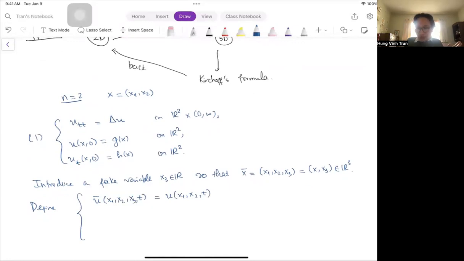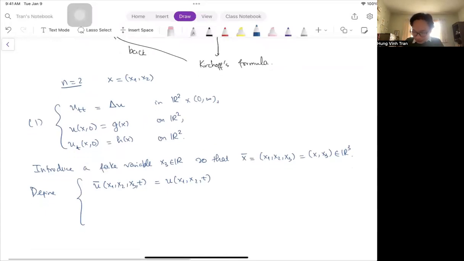Because u bar with x3 is equal to u without x3. But you see the advantage of this. And g bar of x1, x2, x3, t equals g of x1, x2, t, and h bar of x1, x2, x3, t equals h of x1, x2, t.